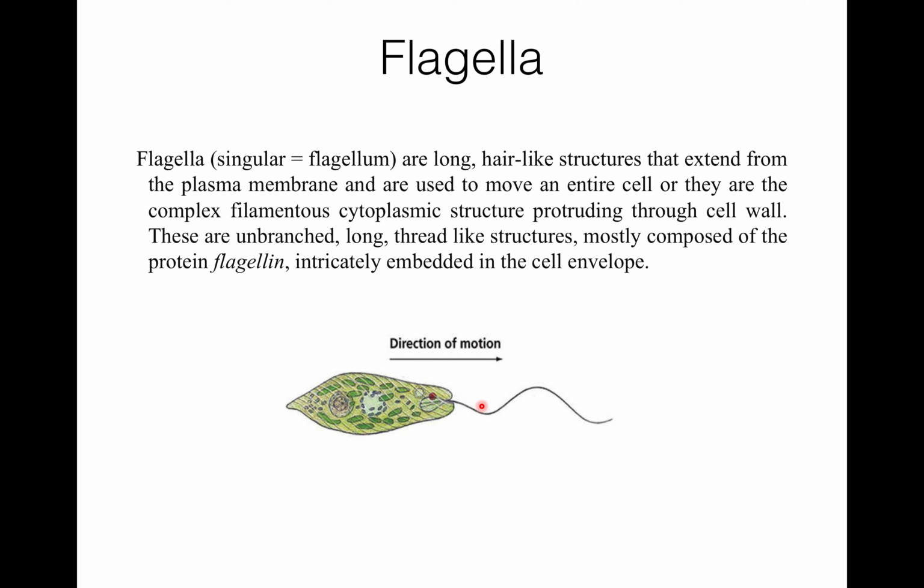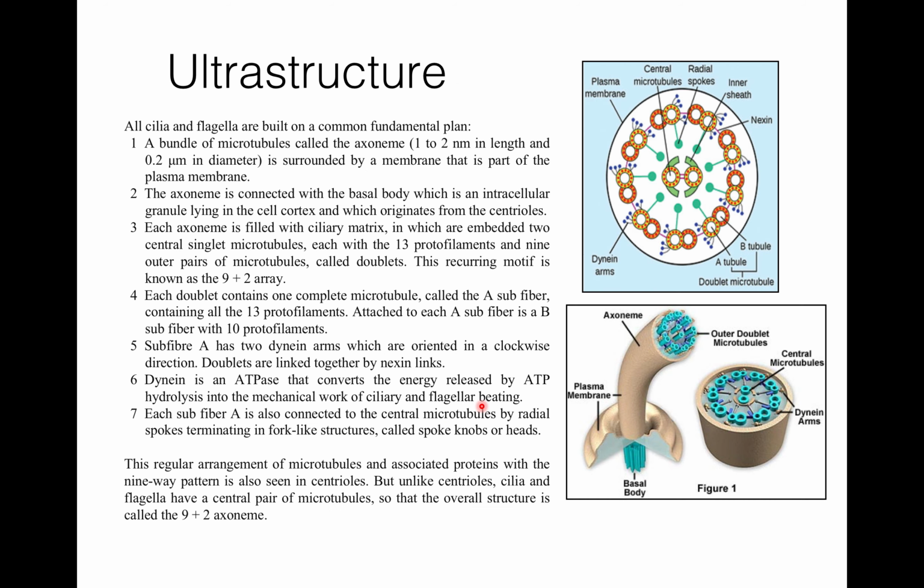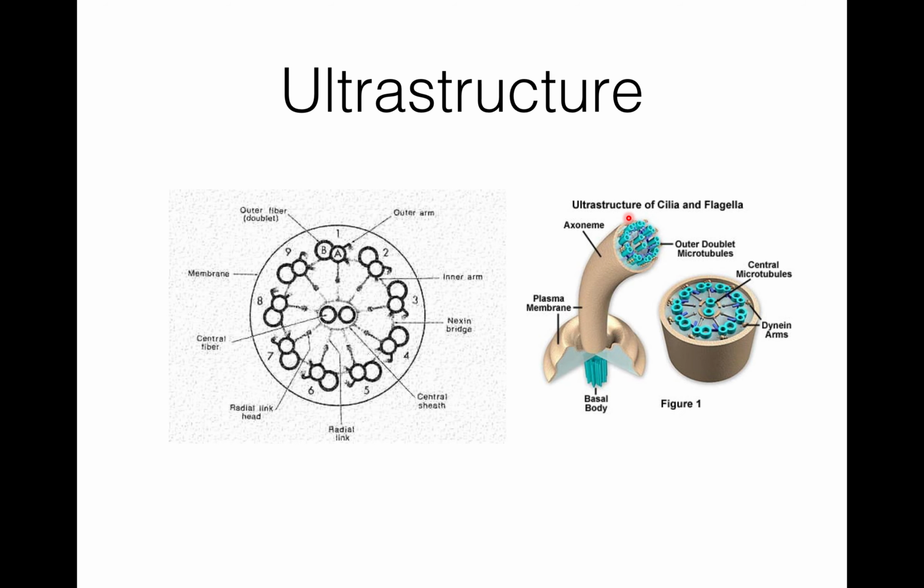So flagella beat independently, and the source of energy for ciliary or flagellar beating is ATP. Dynein is an ATPase, and it converts the energy released by ATP hydrolysis into the mechanical work of ciliary and flagellar beating.